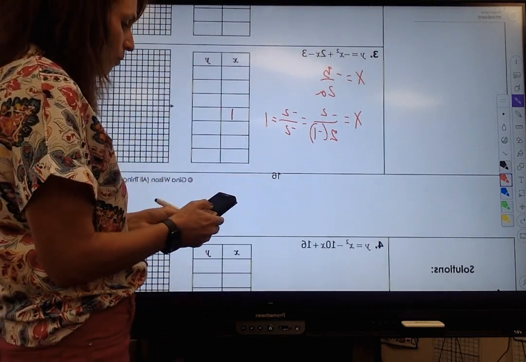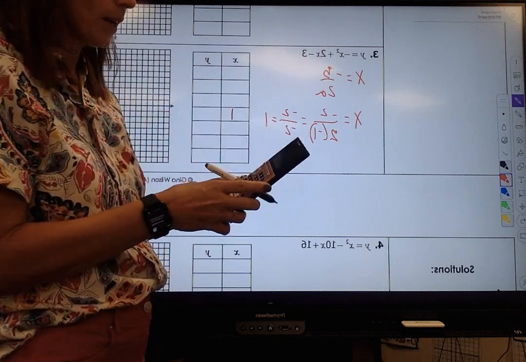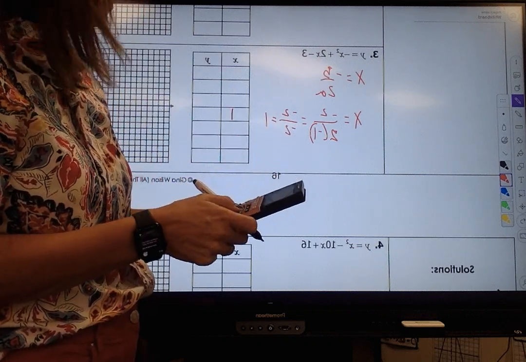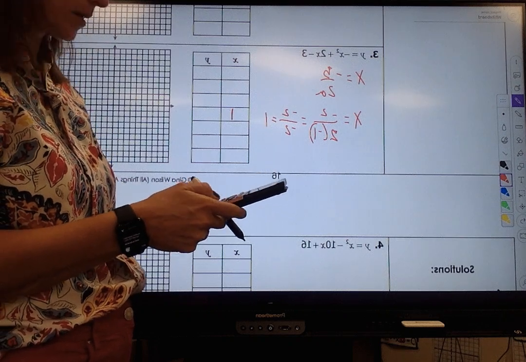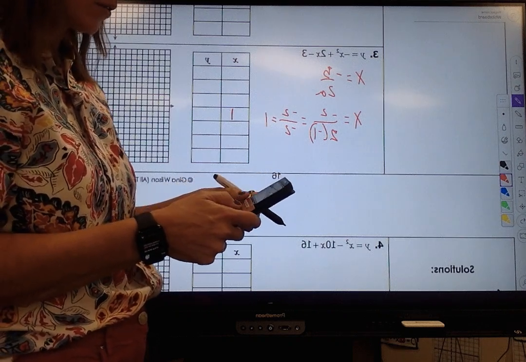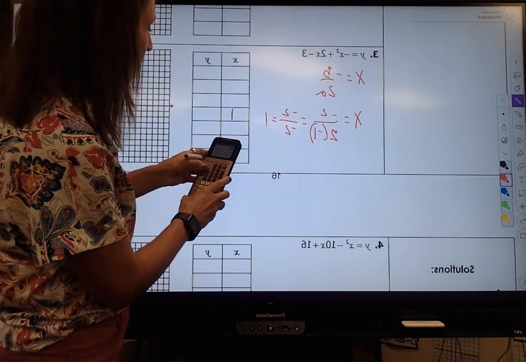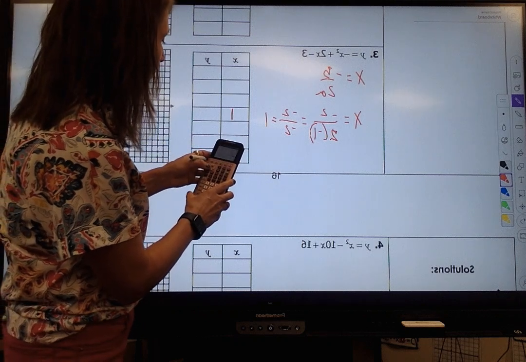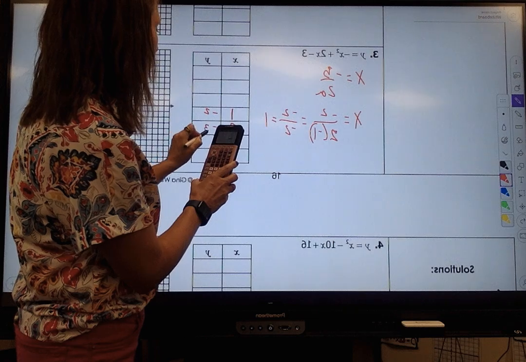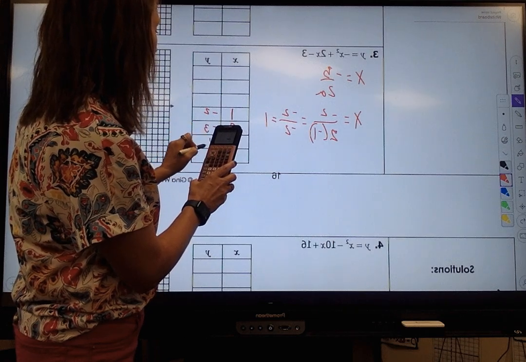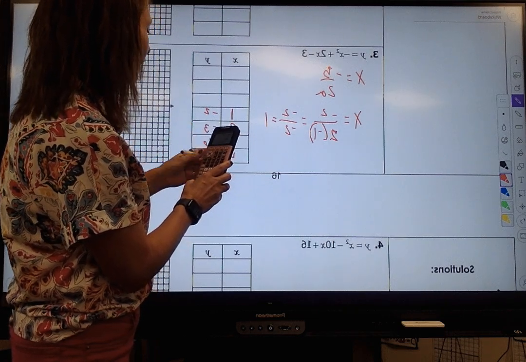So I'm going to go to y equals, I'm going to type that in my calculator, negative x squared plus 2x minus 3, and I go to table. I find where my x value is 1, and then I go negative 2, and 2, negative 3, 3, negative 6, 4, negative 11.